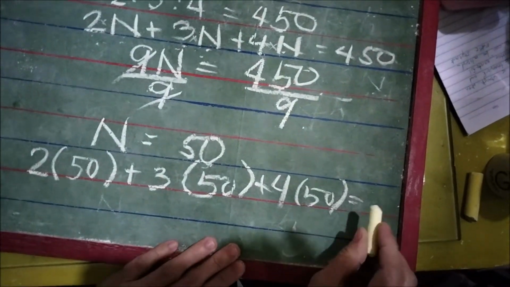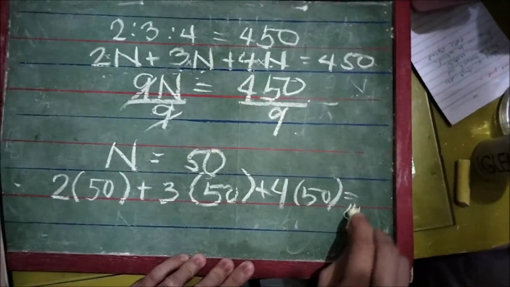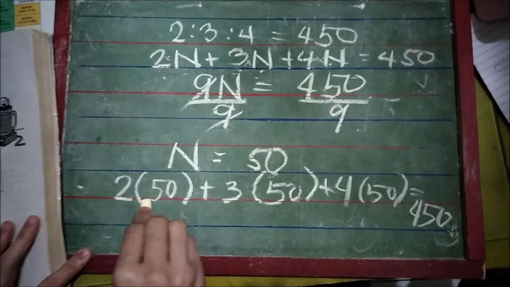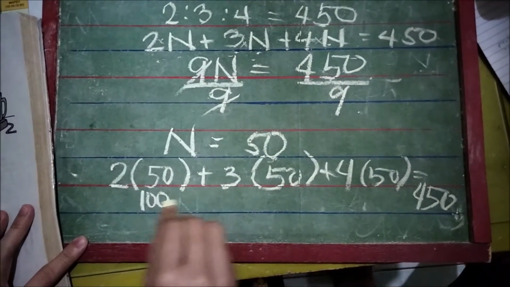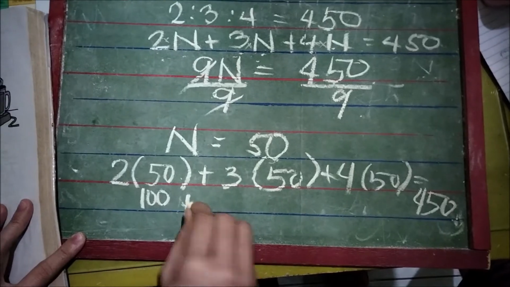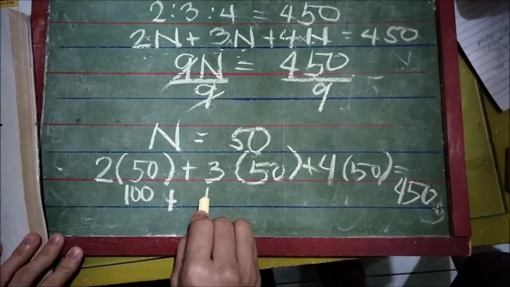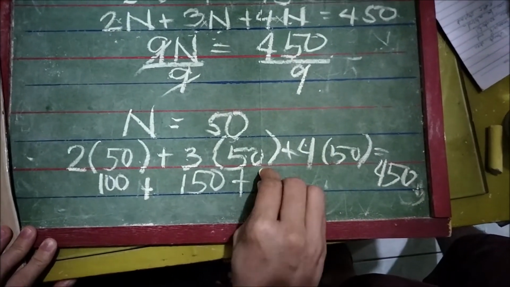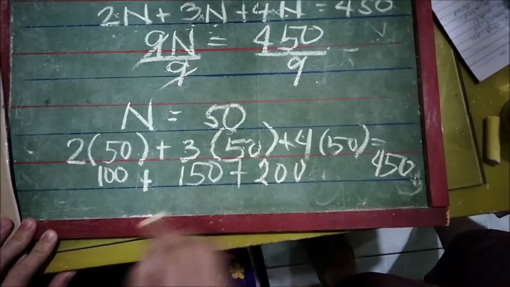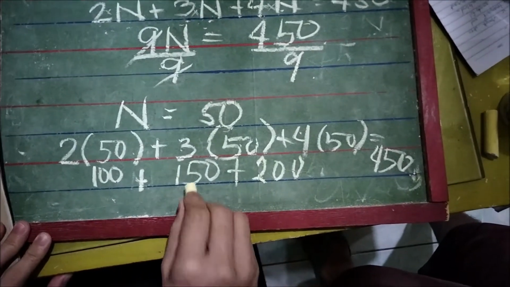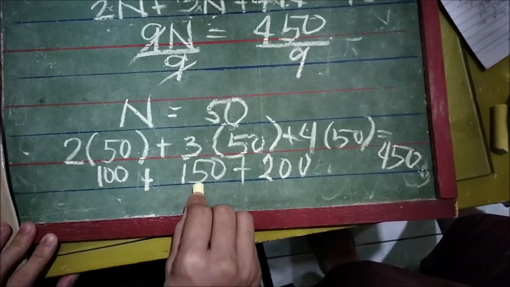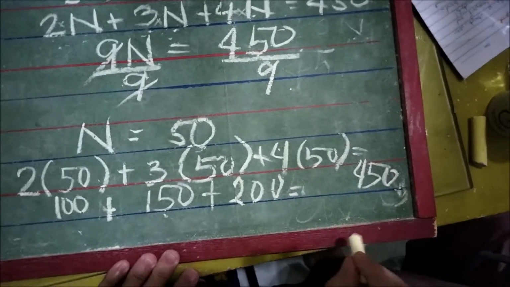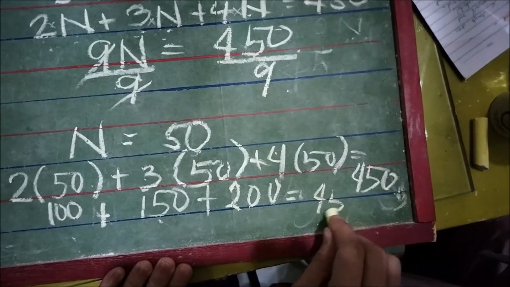It must be equal to 450. So let's check if that will be 450. We have here 100. 2 times 50 is 100. Plus 3 times 50 is 150. Plus 4 times 50 is 200. So 100 plus 150 is 250 plus 200, that will give you a sum of 450.